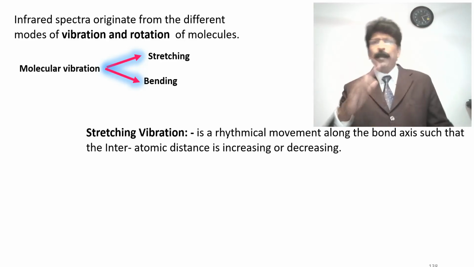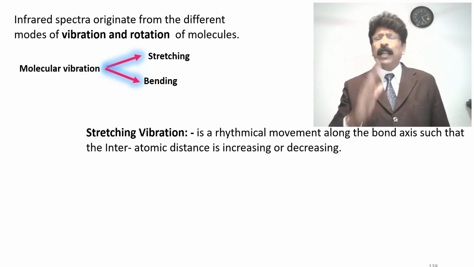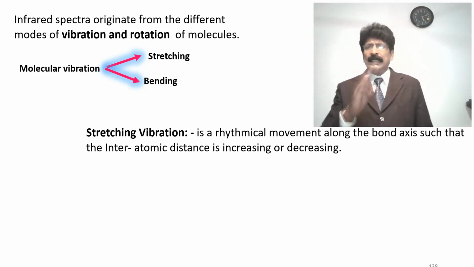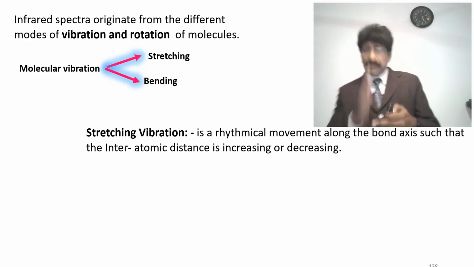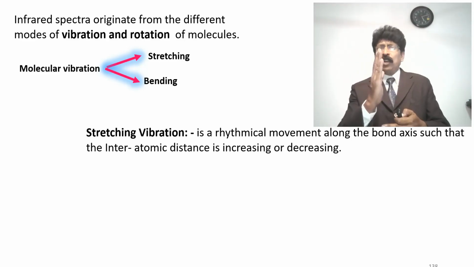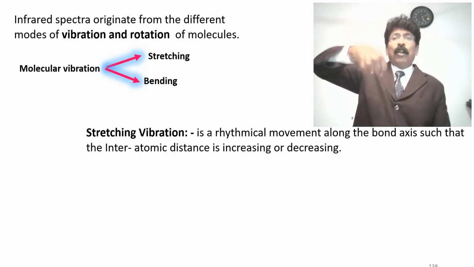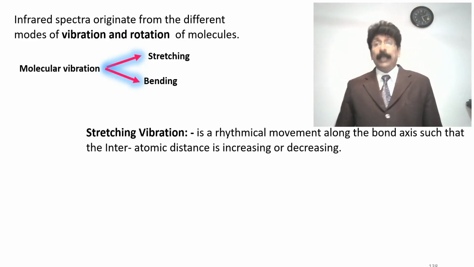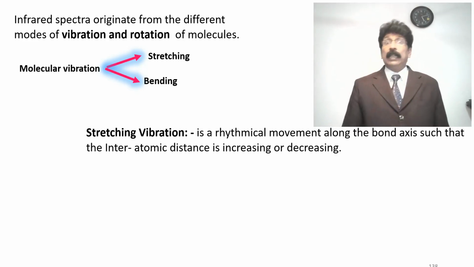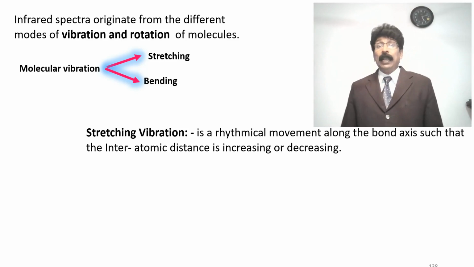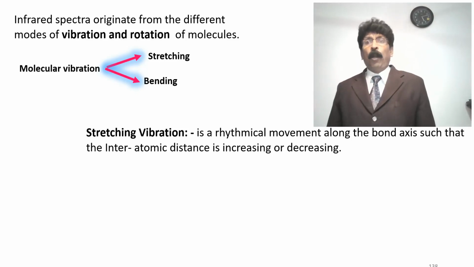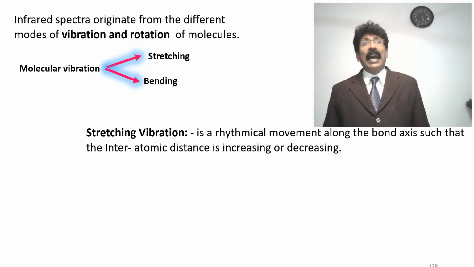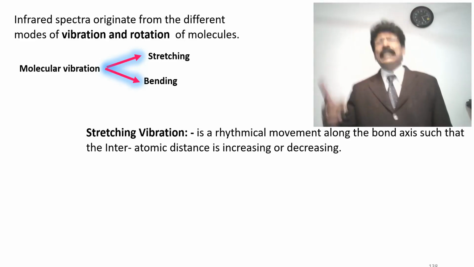They have bonding of hydrogen and carbon, or hydrogen and nitrogen, and the bond angles differ. But in stretching, whatever the angle is not a problem. Stretching or pulling happens along the same line of the bond. It doesn't change the bond angle, but moves rhythmically along the bond axis such that the interatomic distance is increasing or decreasing.